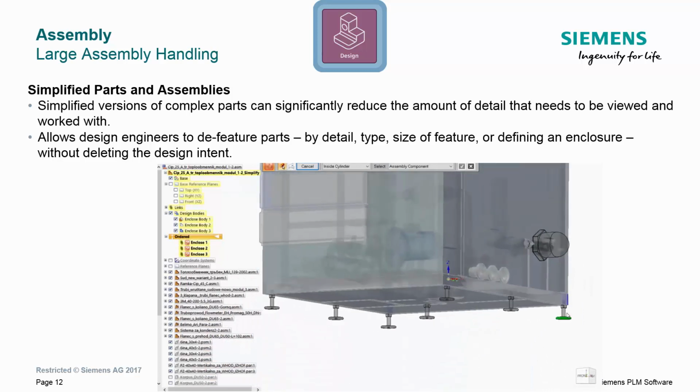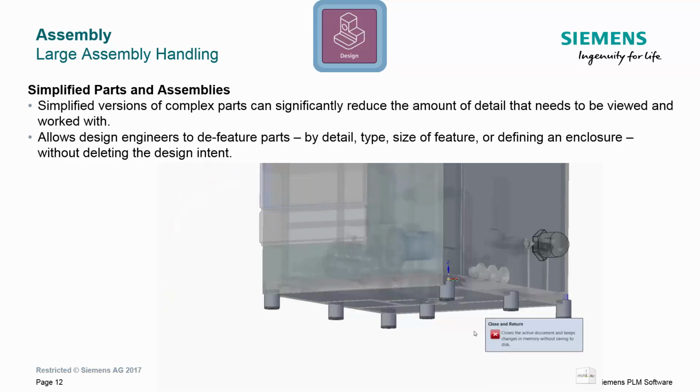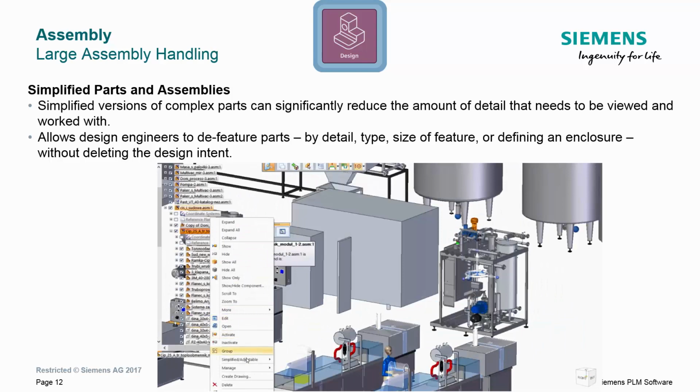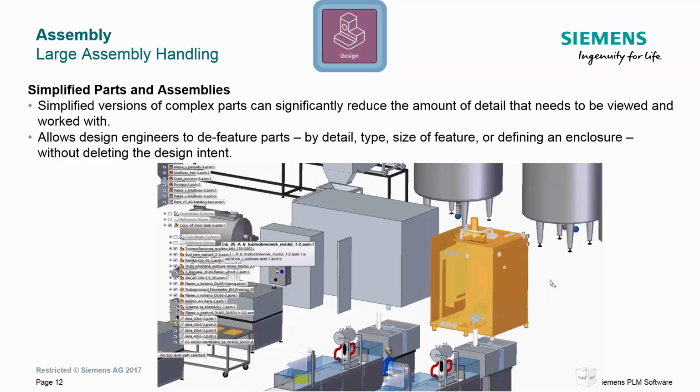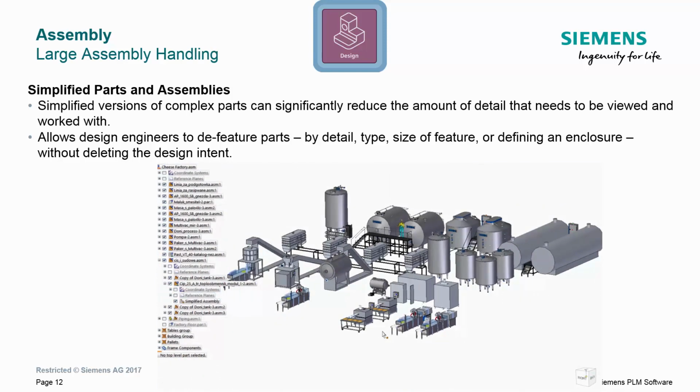Simplifying parts in Solid Edge allows design engineers to fully control how they wish to defeature parts, allowing for representation as a simple, lightweight shape, or isolating key positioning or working geometry. Of course, engineers can easily switch between simplified or detailed versions of models if and when they need.